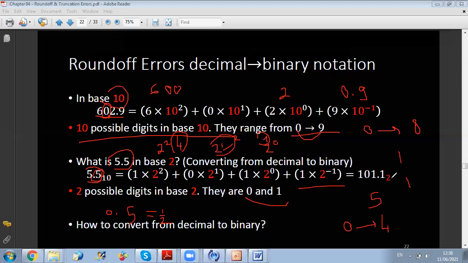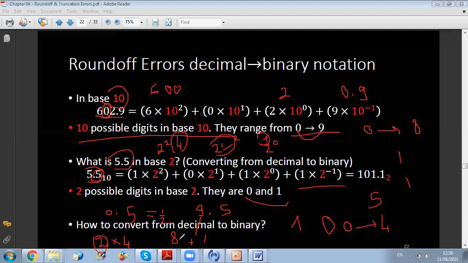I can have a little bit more complex example. Let's say if I take 9.5. For 9, I can divide it into a multiple of 4, which is 8, so 8 plus 1, but it cannot work here because I will need to put 2 times 4, and 2 is not a number that I can use in base 2, because I just need 1 or 0.